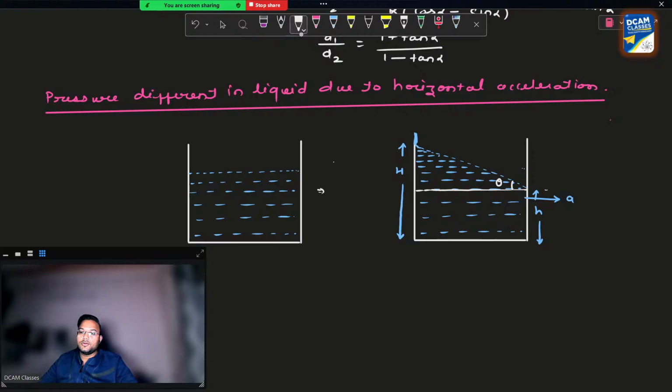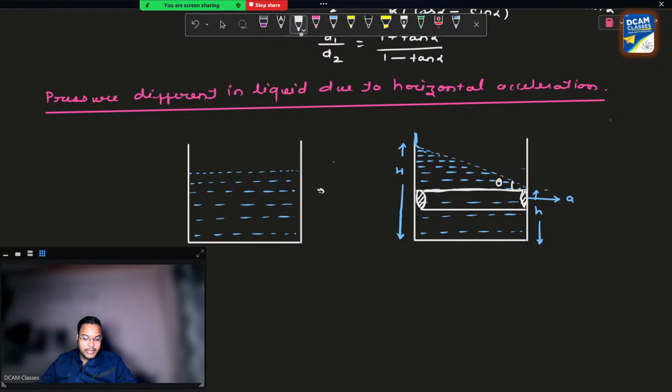I am going to consider a container of water, like we have done for the pressure difference in the height. That kind of container I'm going to assume, like this.